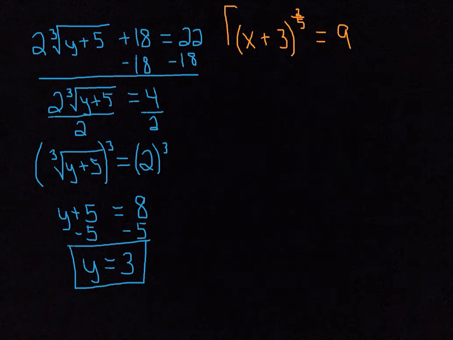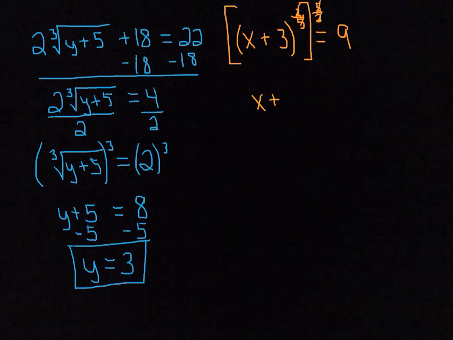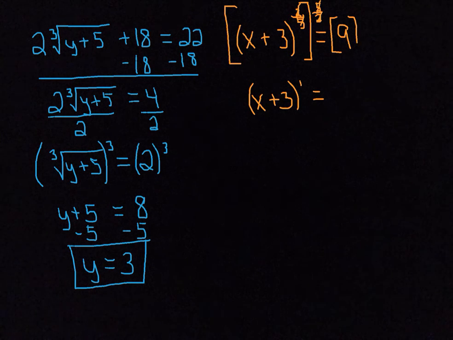So if I raise this to the 5/2 power, when you have a power on a power, you multiply, and so those things just cancel, and I have x plus 3 to the first power, or just x plus 3. But if you do something to one side, you must do it to the other side. So I need to raise this to the 5/2 power. So this is 9 to the 5/2 power.